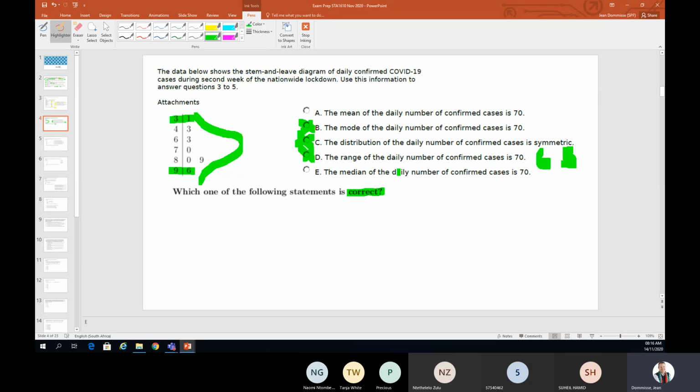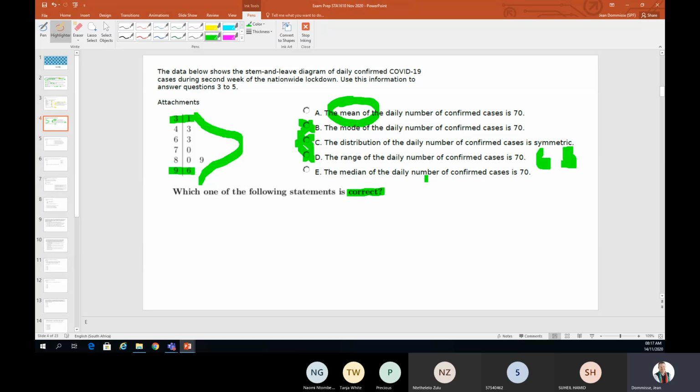The median of a daily number of confirmed cases is 70. So the reason why I left this one out is I don't want to do the calculation yet, just because then I need to add everything together, but we'll do that in any case now.